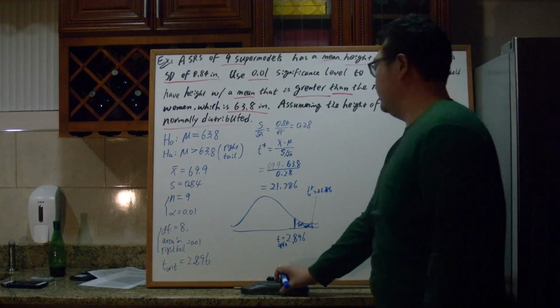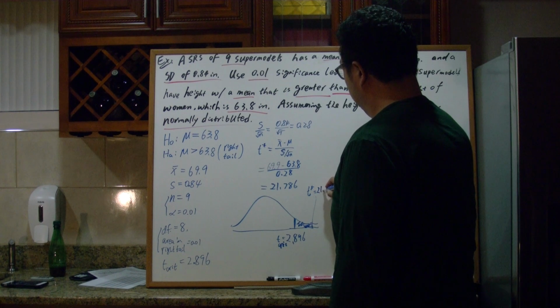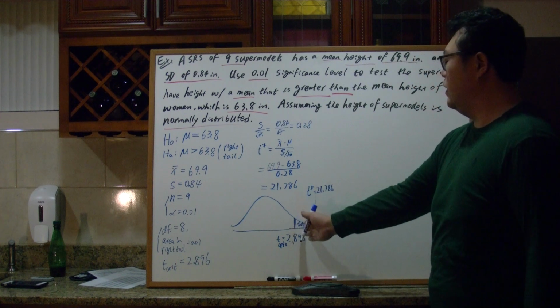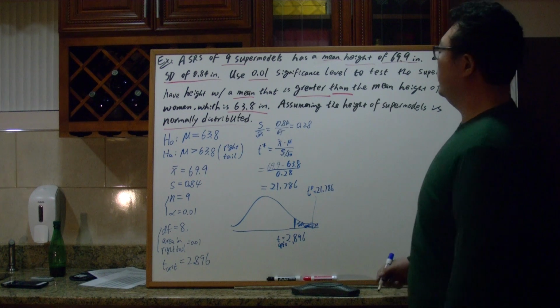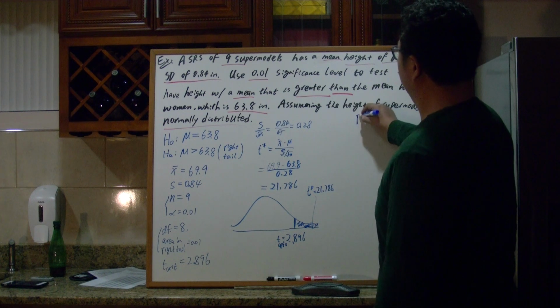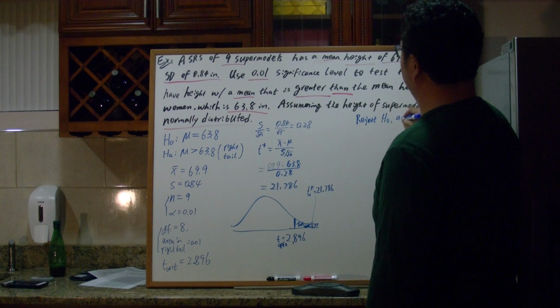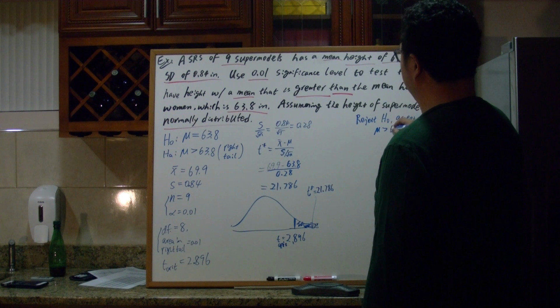Much bigger. The 21.7 is much bigger than the critical value. Therefore, reject H0, accept HA. The mean is greater than 63.8.